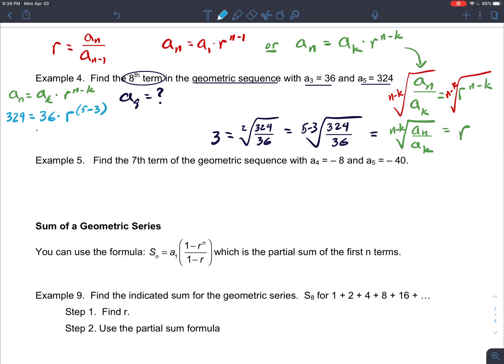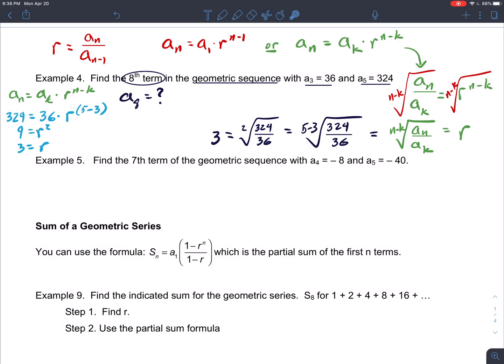So you get 324 equals 36 times r to the second power. If you divide by 36, you get 9 equals r squared, and taking the square root, you get r is 3. Well, guess what? That's what we just did over here.